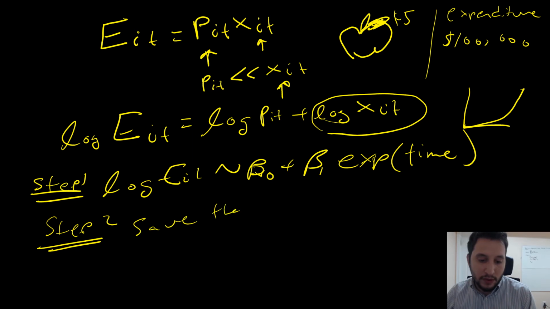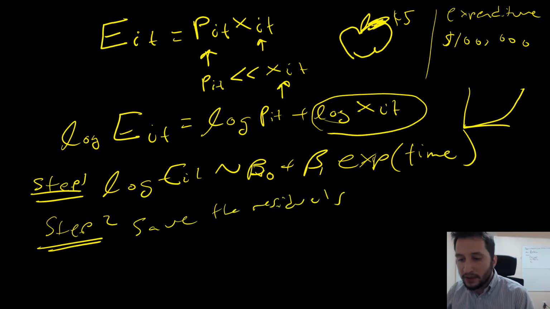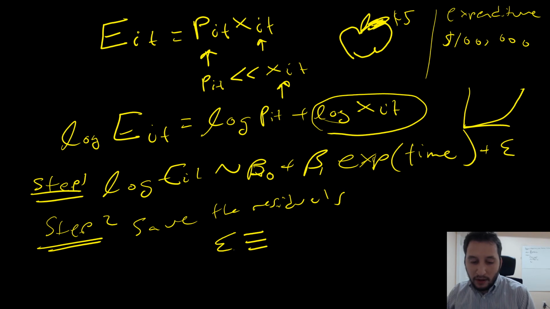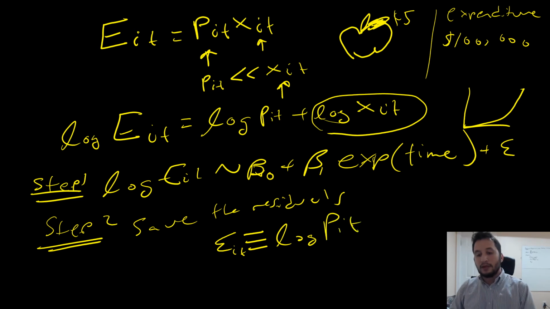save the residuals, right? We're going to save our residuals. So over here, we're going to save those residuals. And what I'm going to argue, very informally, is that this is our log P_it.